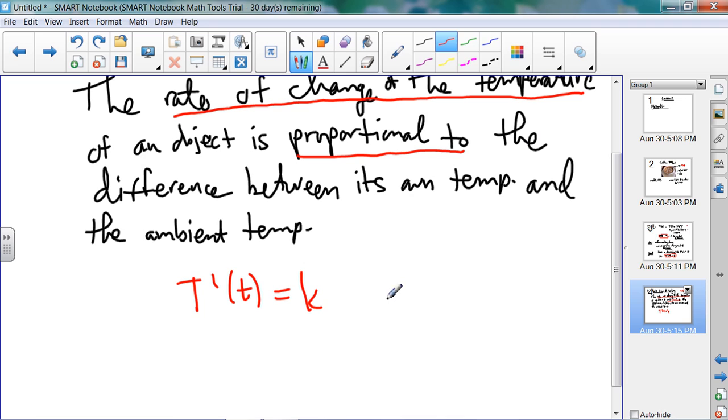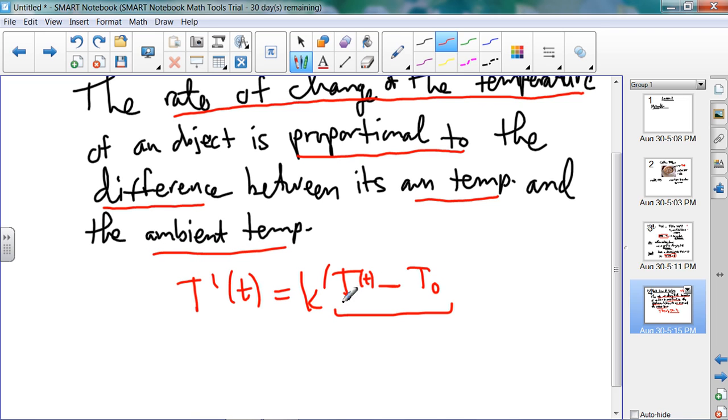That's what it means to be proportional to. And here's the statement. The difference, so there's a subtraction sign somewhere, between its own temperature, that was our variable T of t, and the ambient temperature, that was our T sub 0. Okay? So this is exactly what Newton's law of cooling tells us.